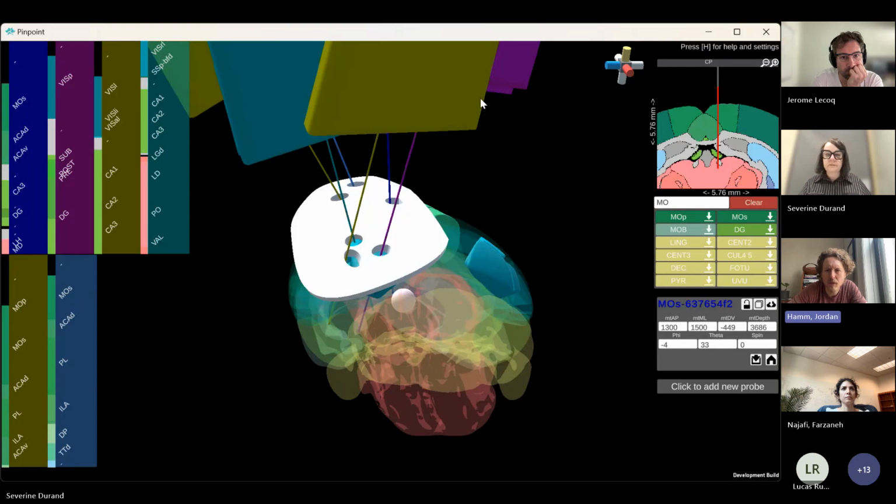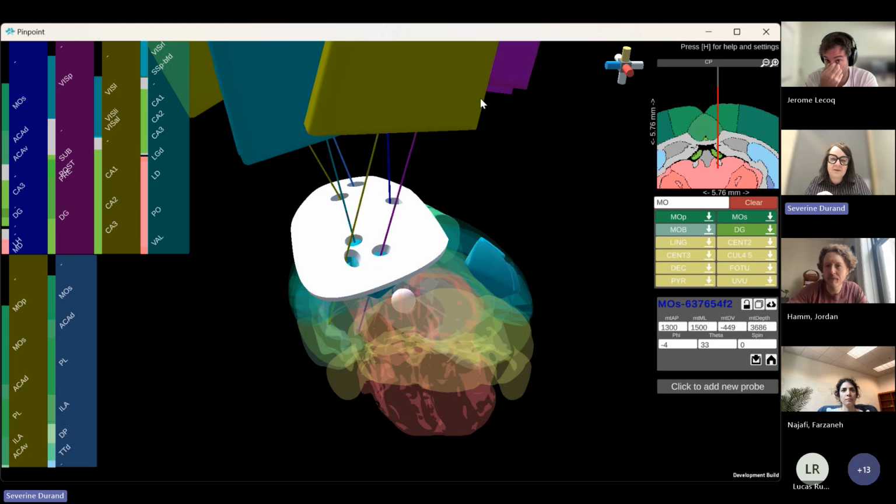Wait, so do you do a structural MR of the mouse first to specifically define each one of these, or are they just generic? No, we're taking a CCF brain, which is like a mean brain out of about 1,000 different brains. Yes, that's a good point, because this is all theoretical. The brains are sometimes very different from that.